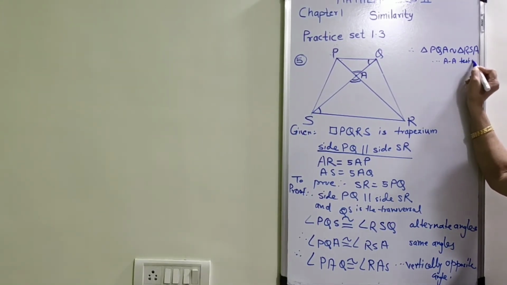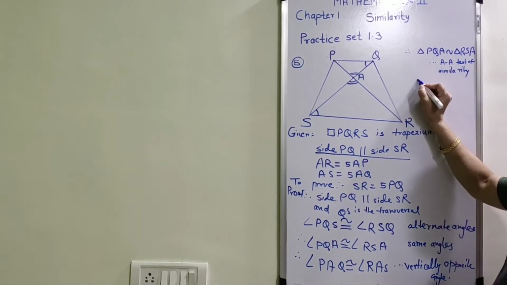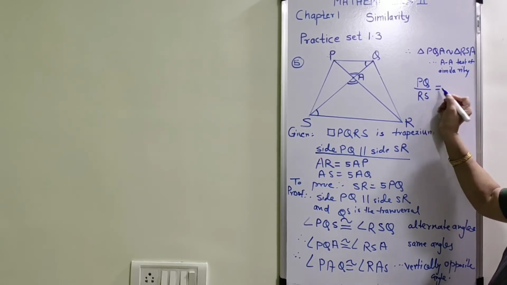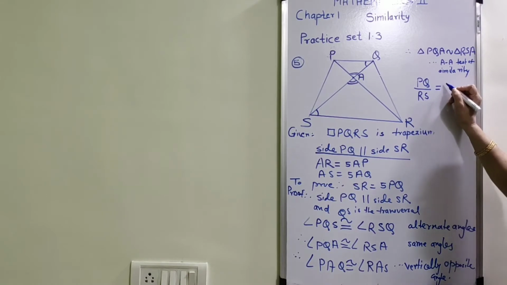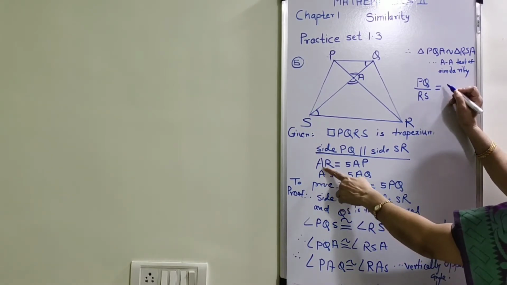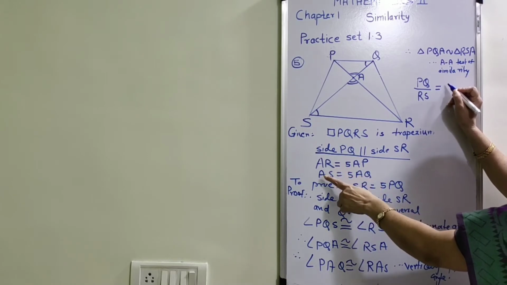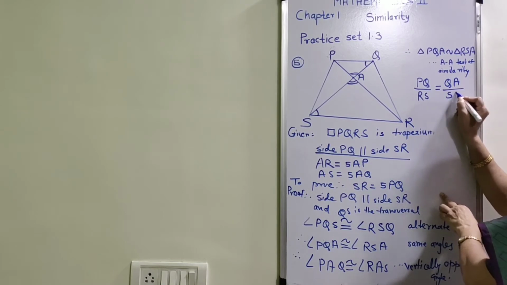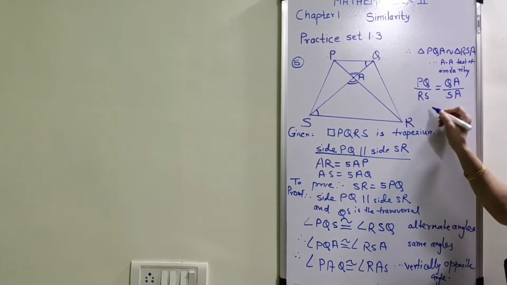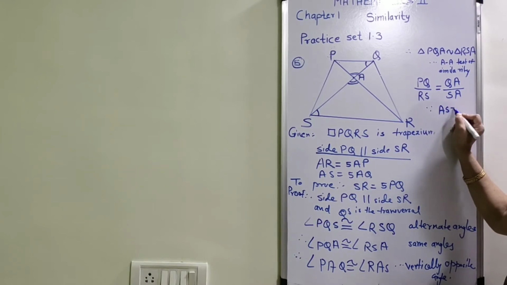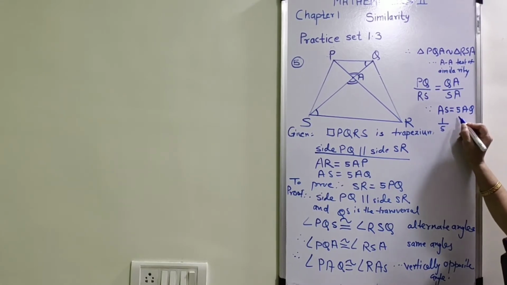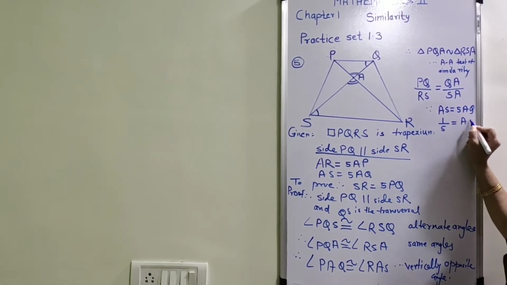by AA test of similarity. I am going to write only the required sides, that is PQ upon RS is equal to, since I have the values of AR and AP, I am going to write it as next QA upon SA, and therefore since AS is equal to 5AQ, therefore 1 upon 5, I have transposed 5 on that side, is equal to AQ upon AS.